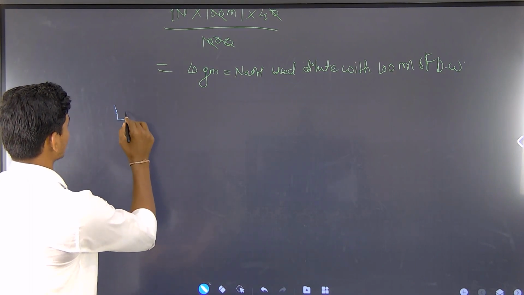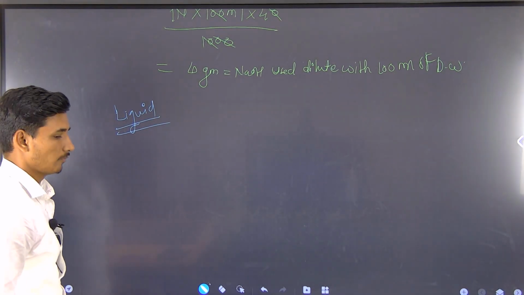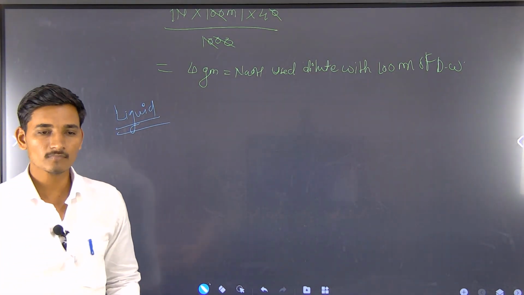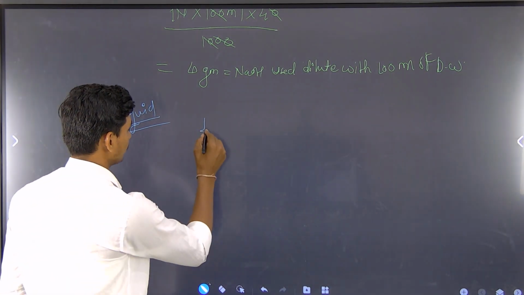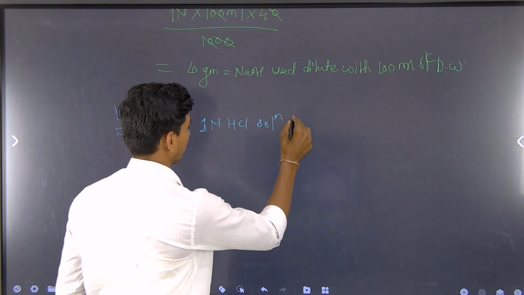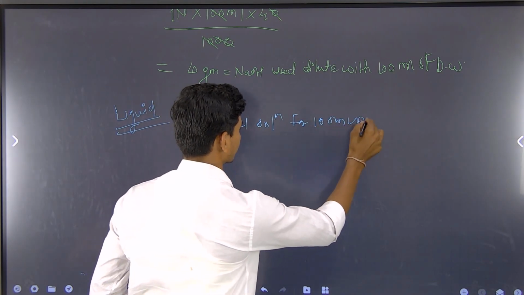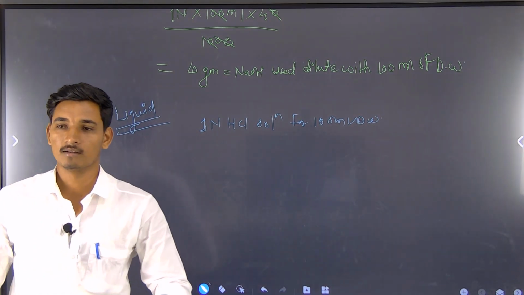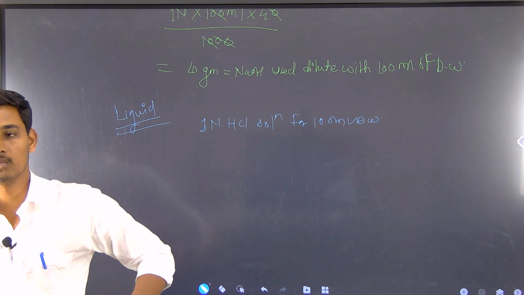For the preparation of a liquid solution, for example, we have to prepare a one normal HCl solution in 100 ml of distilled water. Then how will you prepare that solution?